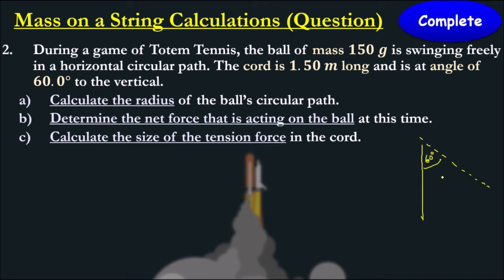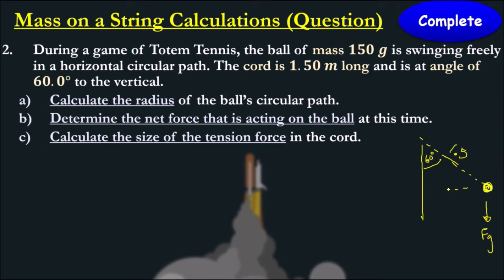And then we have a mass that is 150 grams. It has a gravitational force pulling it down. The cord is 1.5 meters long, so it's looking like that. Okay, that's what we have there.